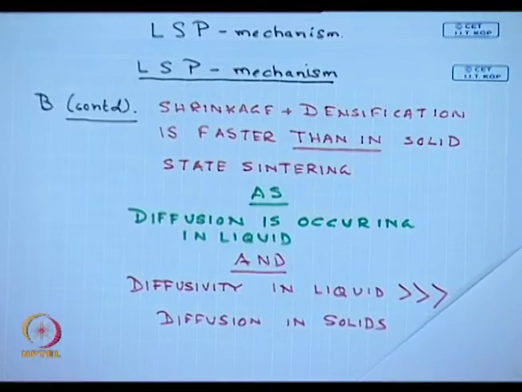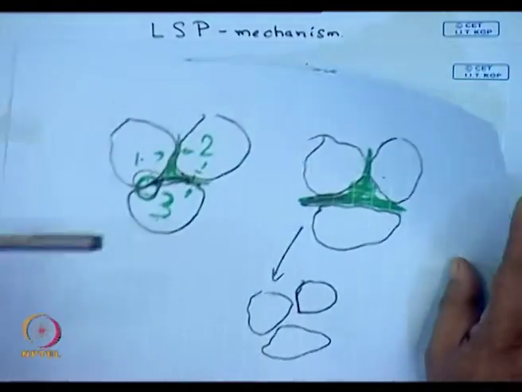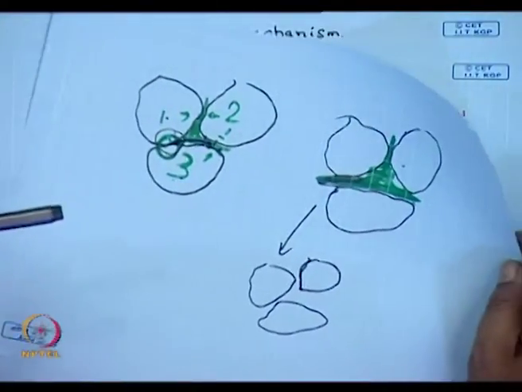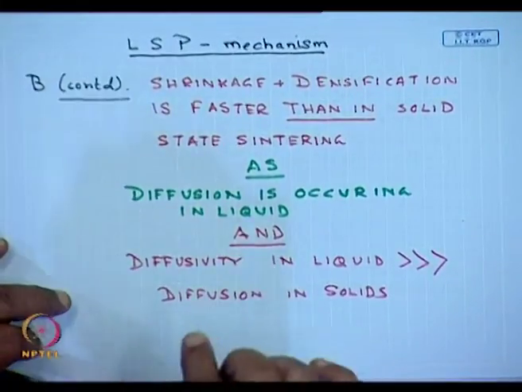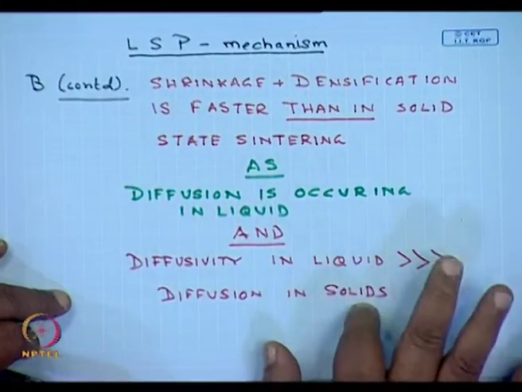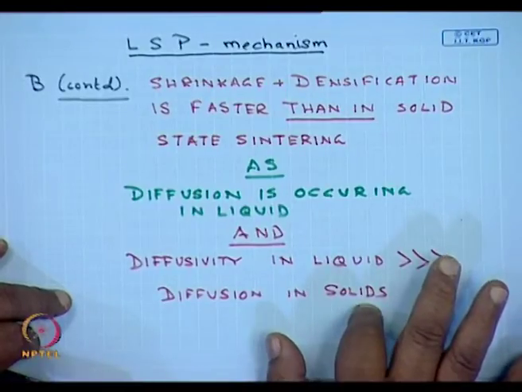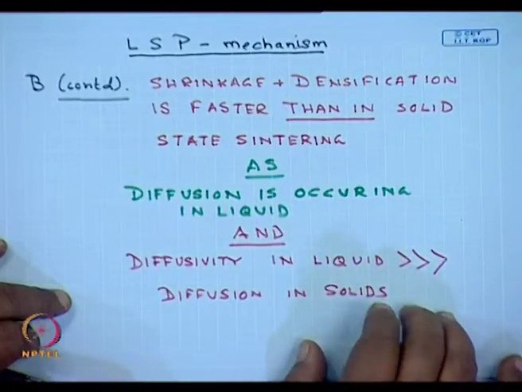Simply because the diffusivities of the ions are much more than in solid state, and diffusion is occurring from the alumina or silica rich areas. In the present case, they are diffusing out very fast, and as the diffusivity in liquid is higher than in solids, sintering occurs much more faster.